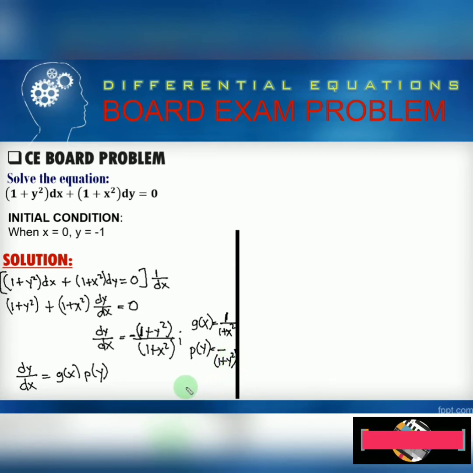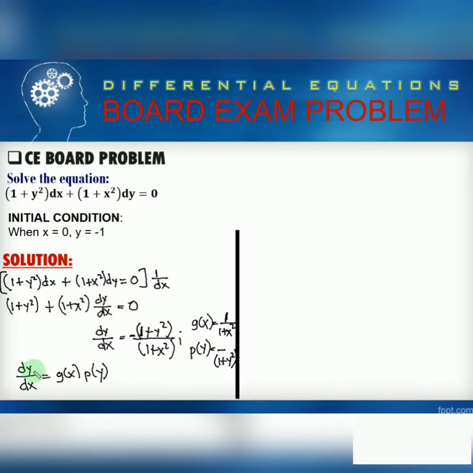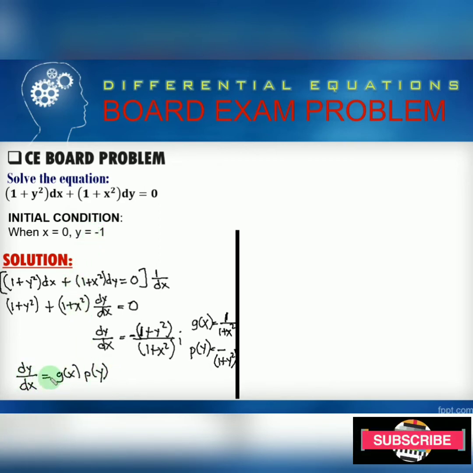Therefore, we can say that the given equation can be solved using the variable separable, since this complies with this form of dy over dx equals j as a function of x times p as a function of y.